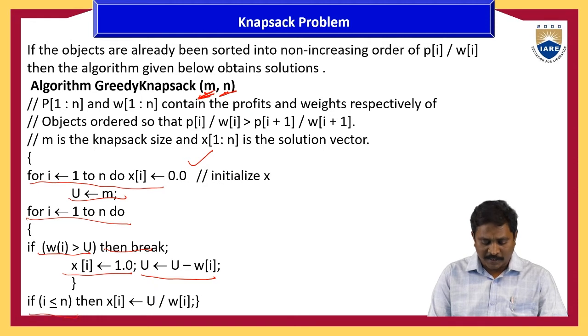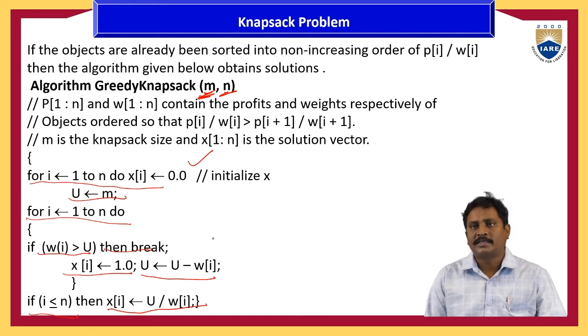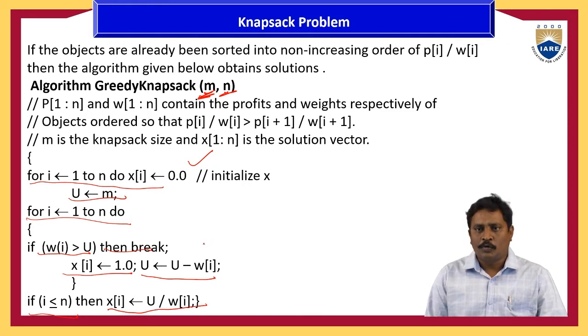If i is less than or equal to n, meaning the weight is more than the remaining capacity, we take a fractional value, xi equals U by Wi, where U is the remaining capacity. So we get xi in terms of fractions.